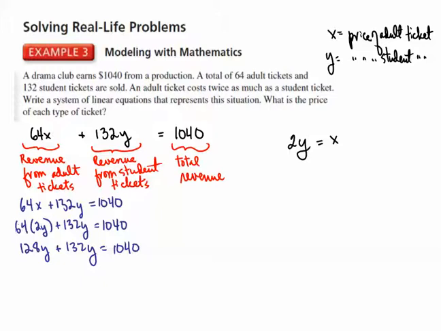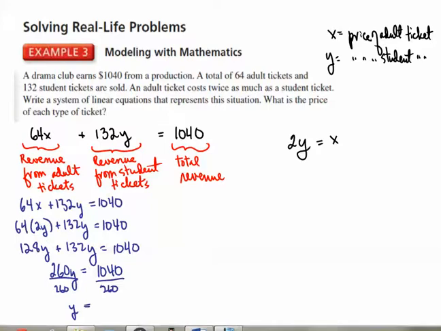We add 128 and 132 and we get 260y, and 260y equals 1,040. Now when we divide both sides by 260, we end up with y, which is the price of the student ticket, is exactly 4.